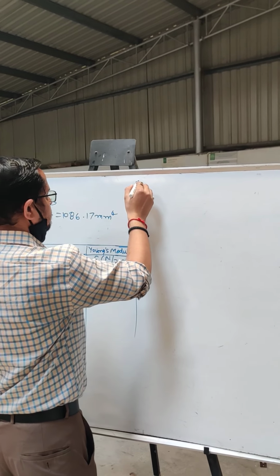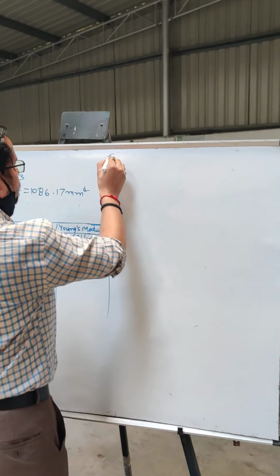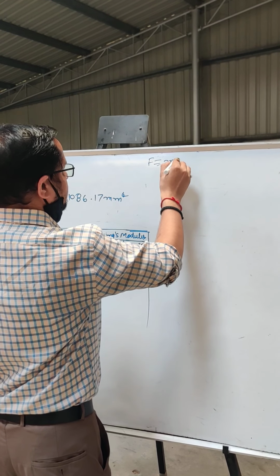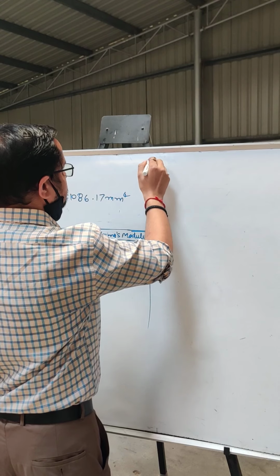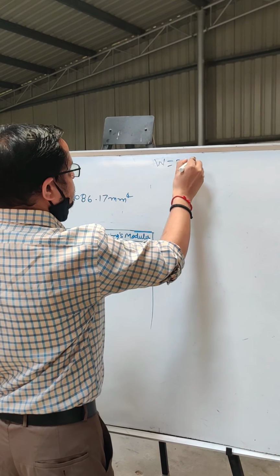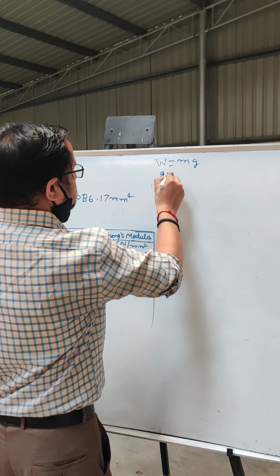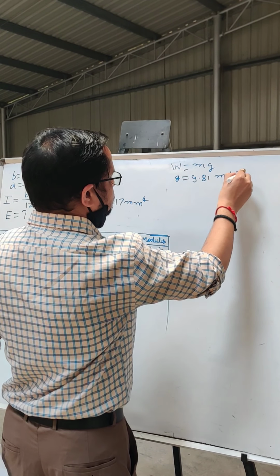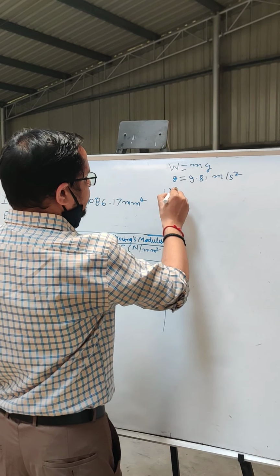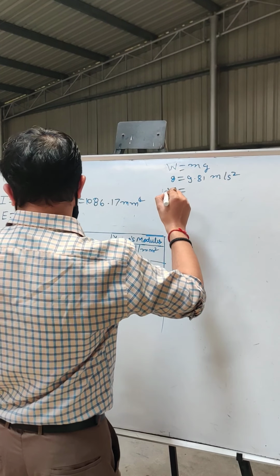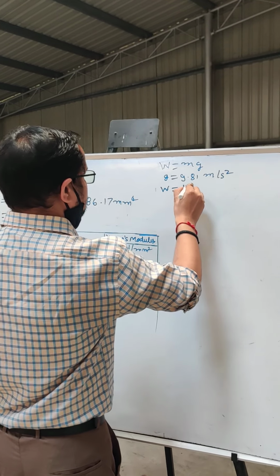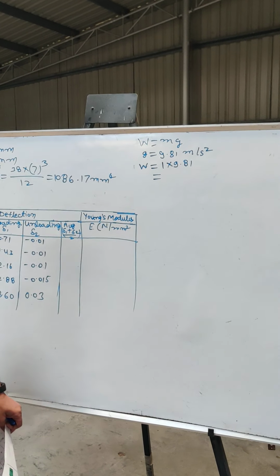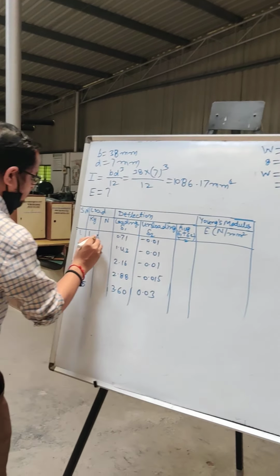So we know that force is equal to m into g. So weight W is equal to m into g, where g is equal to 9.81 meter per second square. M is 1 kg, so 1 into 9.81 is 9.81 Newton.